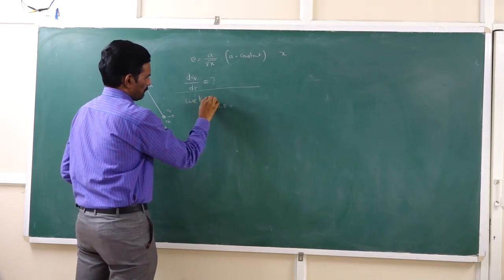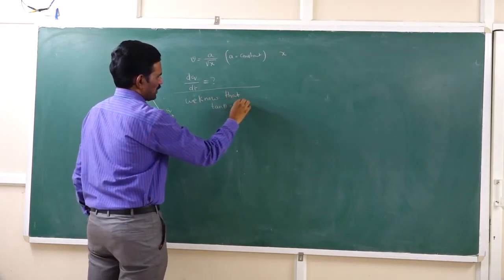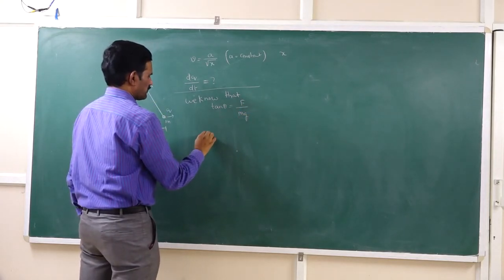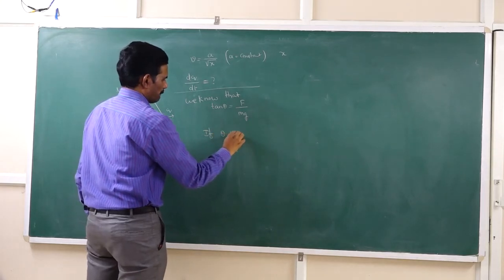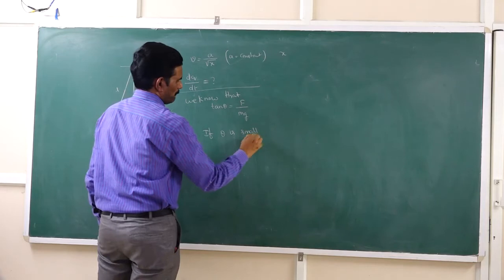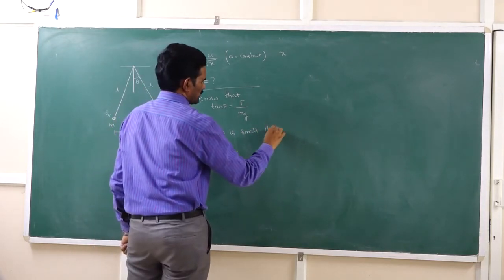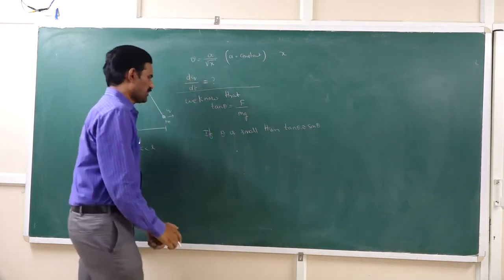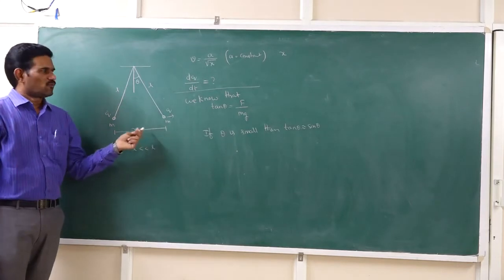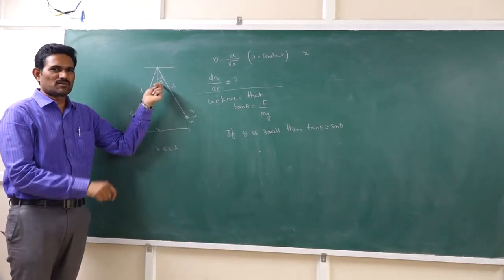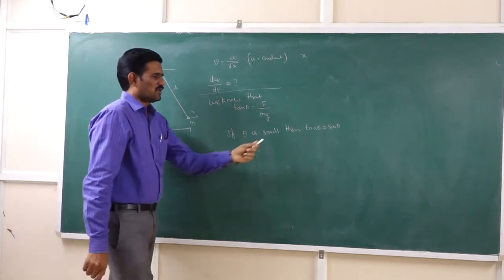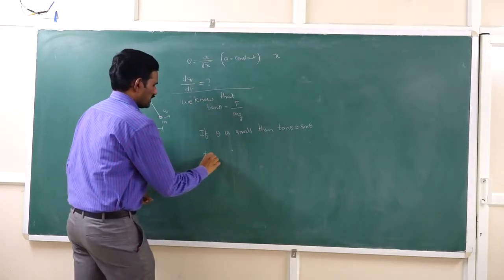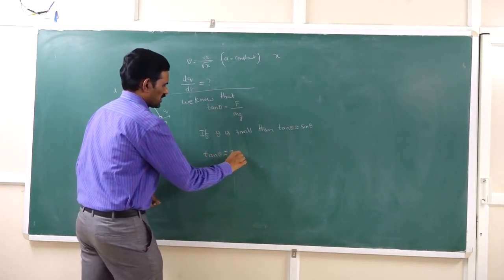So we know that tan theta is equal to f by mg. If theta is small, then tan theta is approximately equal to sin theta, because when the x value is small, theta automatically becomes small, and we can take tan theta and sin theta as approximately the same.